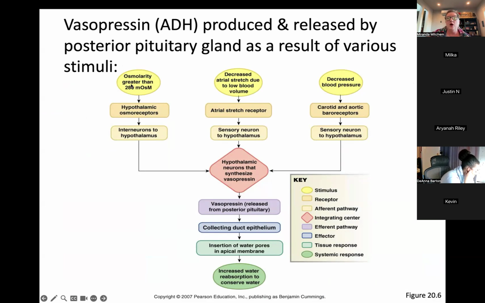And then here we have a lower than normal osmolarity. So all three of those are stimuli to get the hypothalamus to synthesize and secrete more vasopressin. So as we have our vasopressin, then targeting the collecting duct by putting in those aquaporin channels for the water, that gets water back to the body, which is what we would want to have done if we have low blood volume and low blood pressure, and also a low osmolarity, as we would want to get more water back into the body.